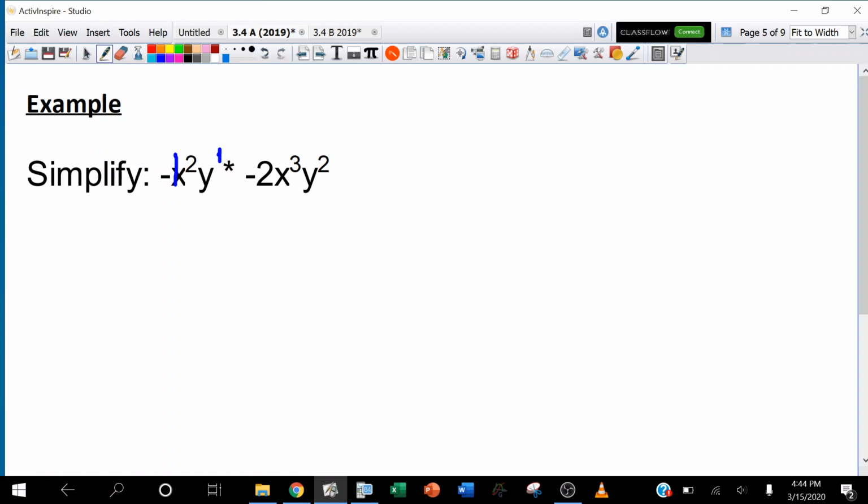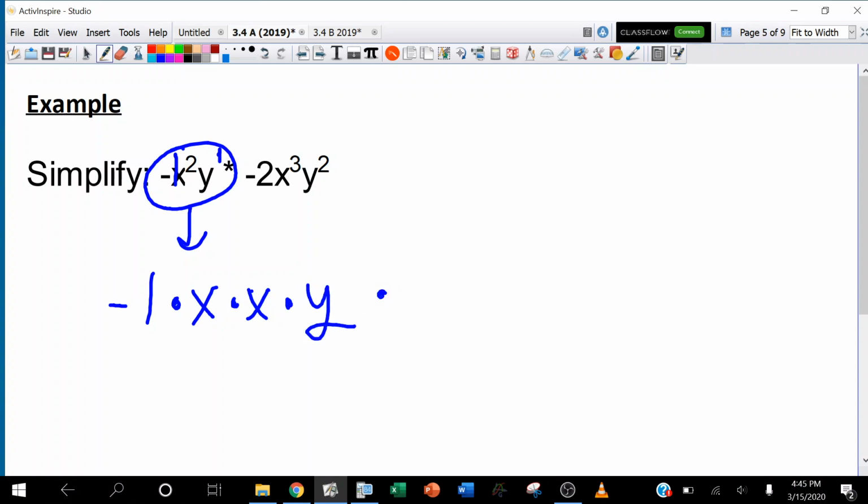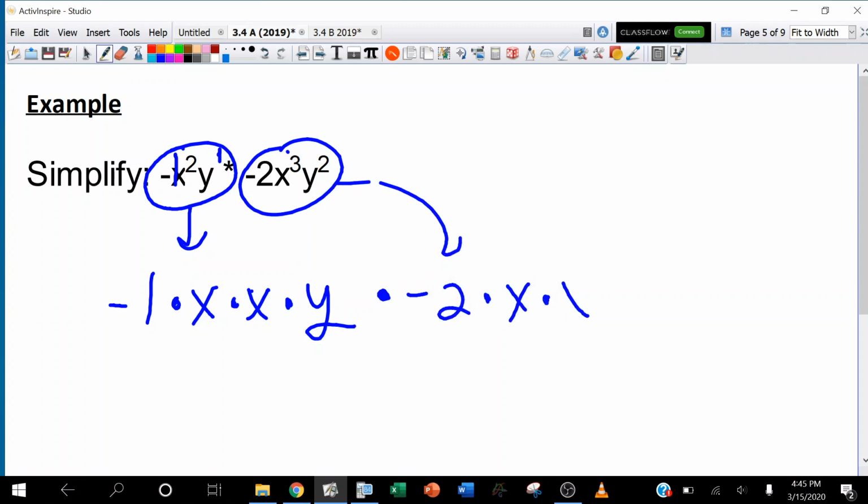So this right here, I'm going to start with, this would be -1 times x squared, which is x times x, and then y to the 1st would just be y, and then I got the times in the middle. And then this part here would be -2 times x times x times x, and then times y times y.